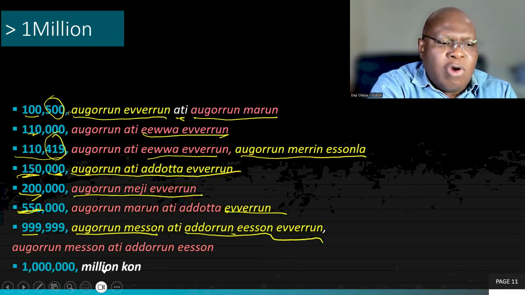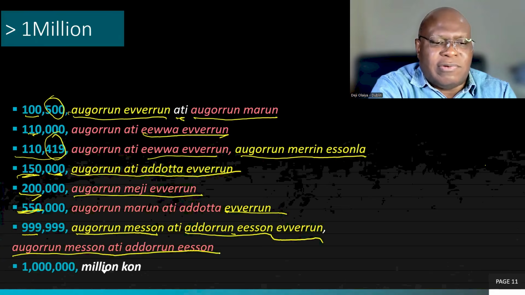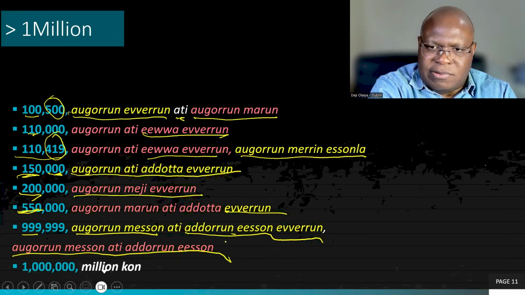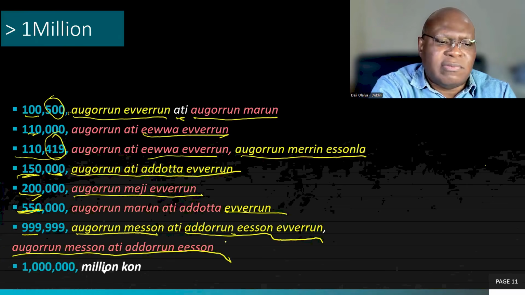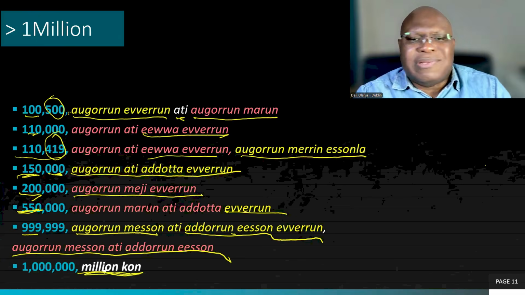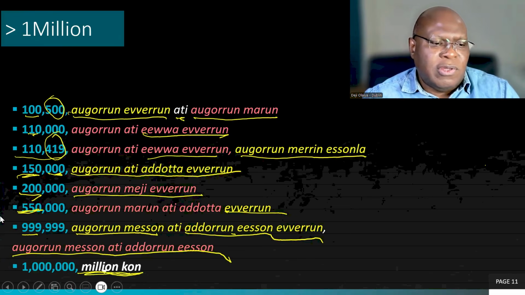Then ọgọ́rùn-ún mẹ́sàn-án àti àádọ́rùn-ún ẹ̀sán. That is the way it's counted. Then 1 million is million kan. That is the way we count in digital Yoruba literature.